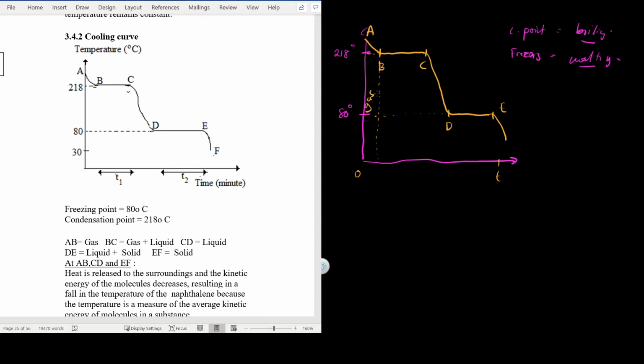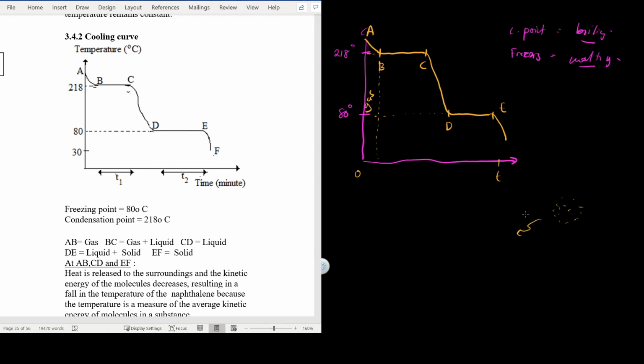It will lose energy, and the temperature decreases until point B. Once the temperature reaches point B, what will happen to the substance? Let's say this is our substance, first we have gas.